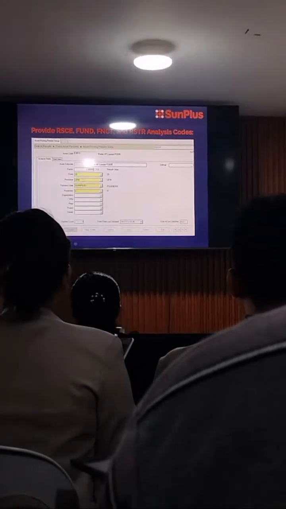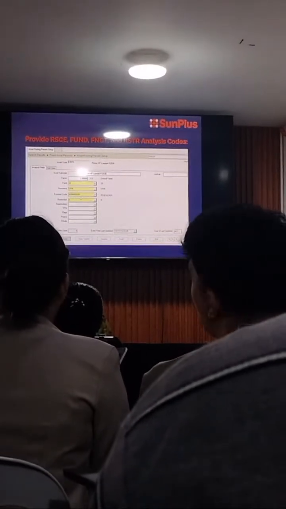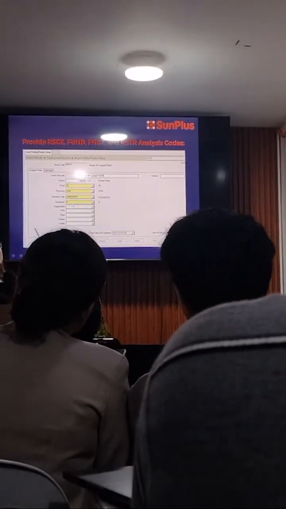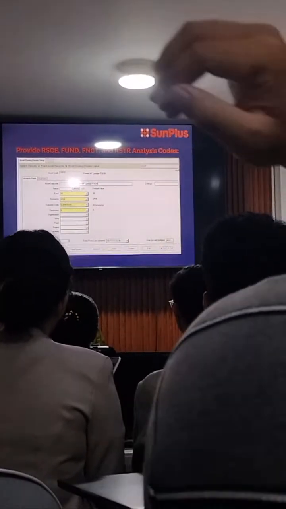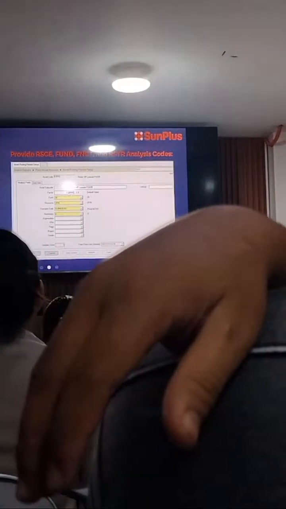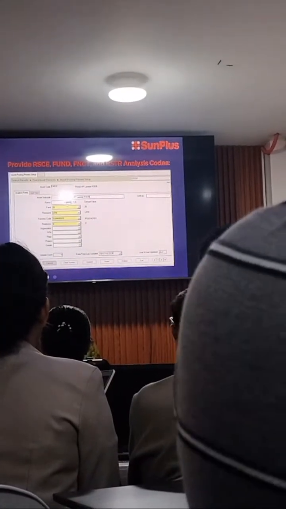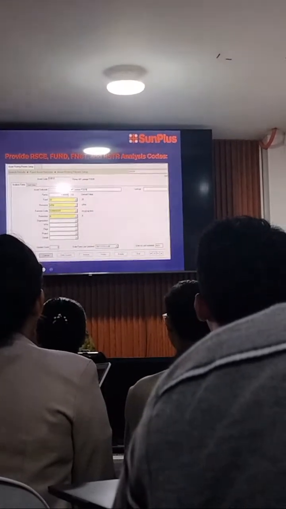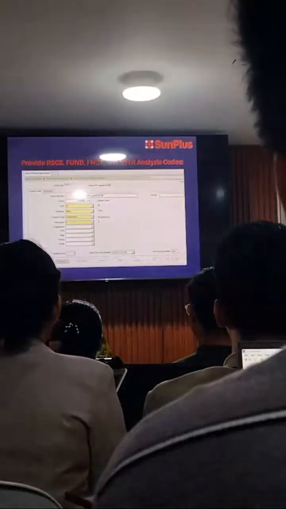Fund 20, resource UFIN, function code SU in-house, restriction 0. Okay? And the factor is 1. Don't forget the factor, default value. Because the factor means that's 100% depreciation for this asset for this year.